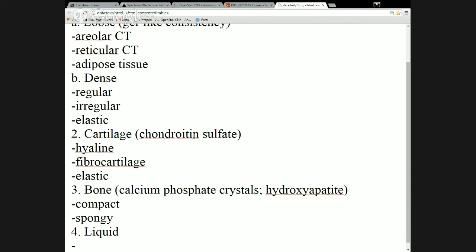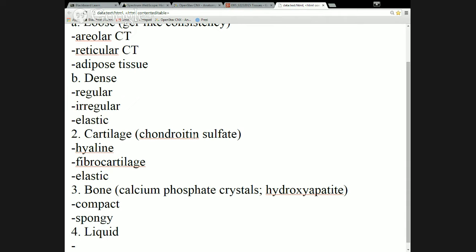So it looks like a sponge, like a loofah sponge or something like that, which is why it's called spongy. It's still hard bone. Don't pound on the spongy bone like you can pound on the compact bone part here. If you do this to the spongy bone, it'll start to break. Please don't do that. But it's still that same sort of calcium phosphate crystal structure, which gives a lot of strength.